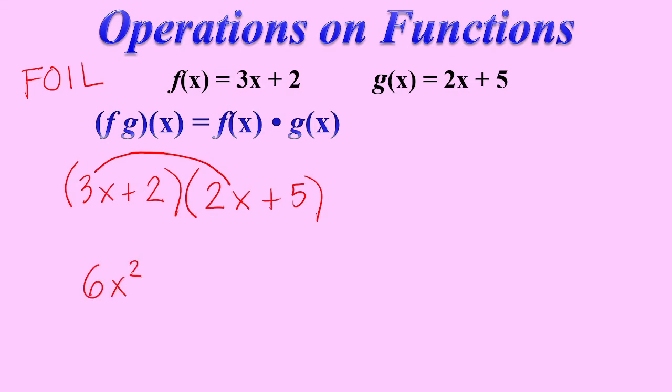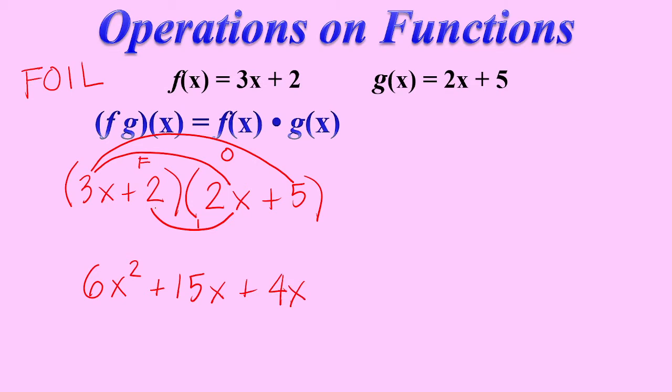Next, the outer terms, 3x times 5. How much? 15x. Copy the x, don't forget that. Then the inner terms, 2 times 2x, which is plus 4x.